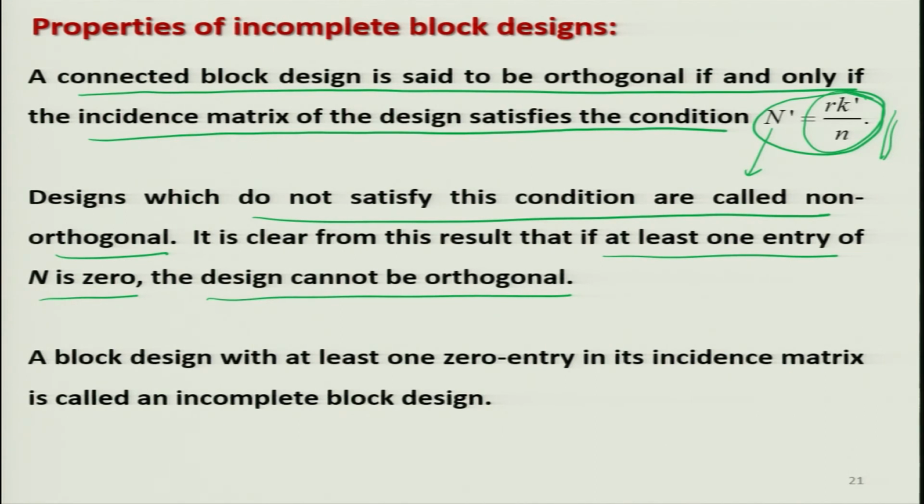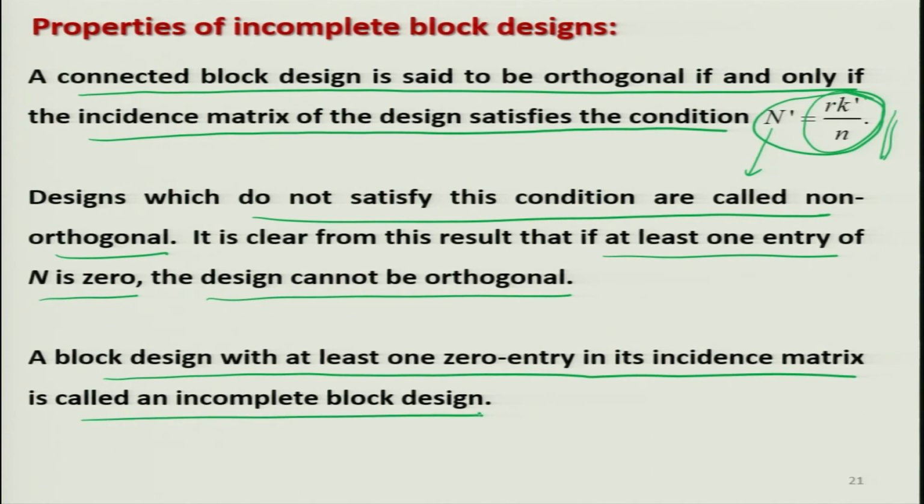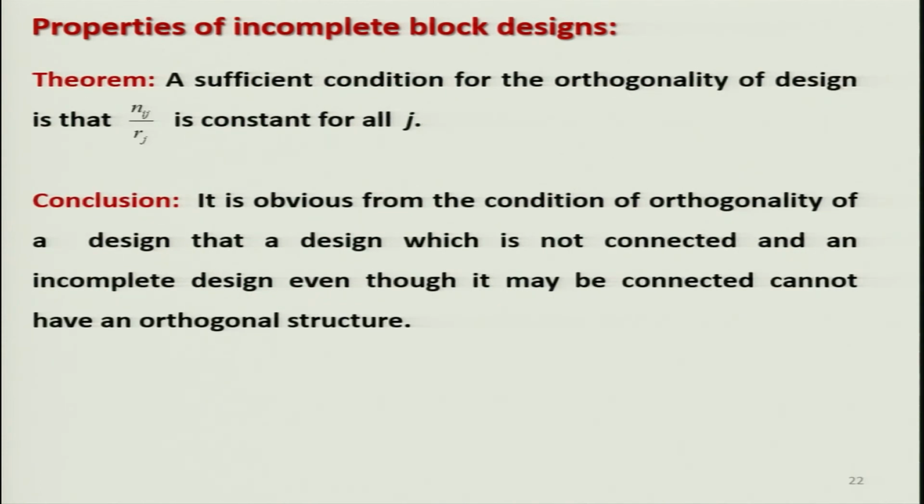So, now Nij equal to 0 is going to indicate that a particular treatment is not appearing in a block. And so, one can say a block design with at least one 0 entry in the incidence matrix is called an incomplete block design. Right. So, you can see how things are interrelated with each other, how these concepts are going to give you a very general structure.